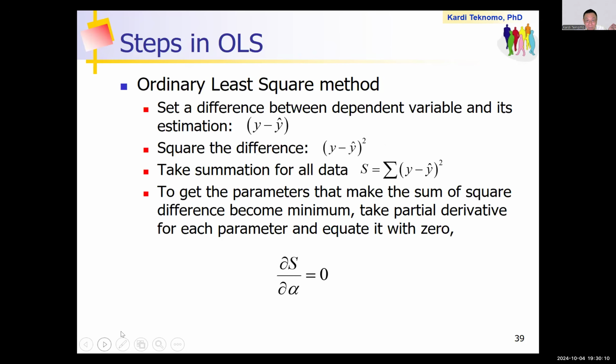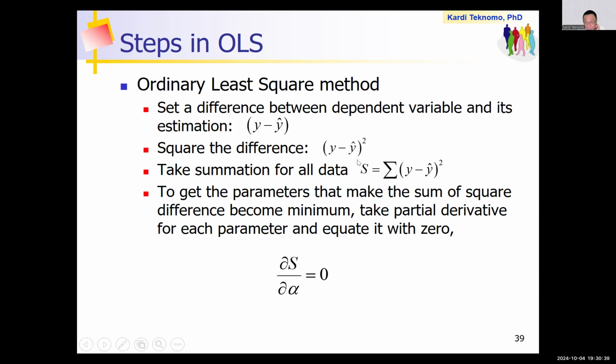The formula that we passed a while ago is based on what is called OLS, ordinary least square. In this case, you get the difference between the estimate of the output dependent variable and the observation, and then you square it. These represent the error. Error squared, and then you sum. So this is called sum square of error.